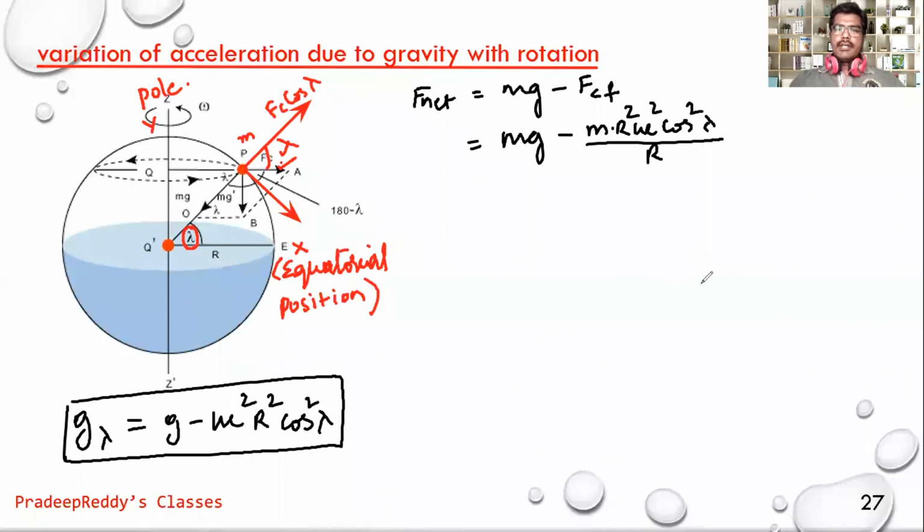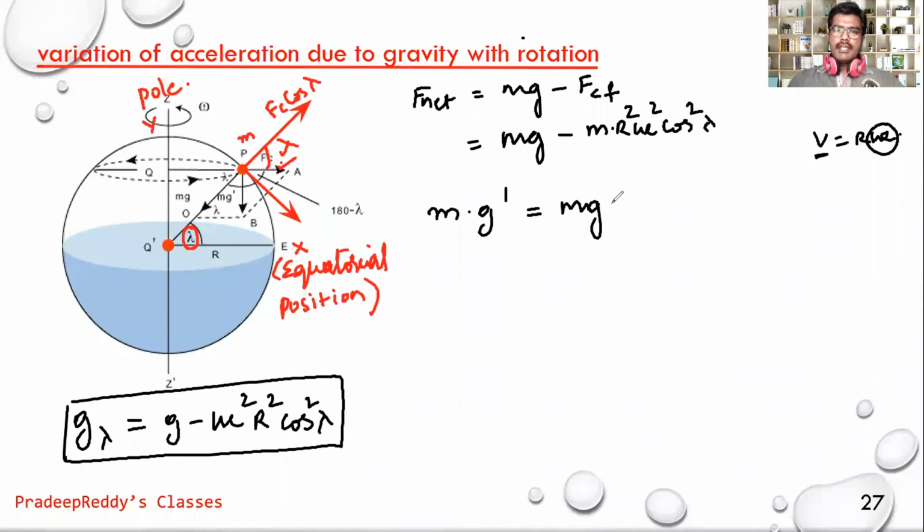Now F net is equal to m a, which we can write as m g dash. Since we have considered v equal to r omega, we are writing v in terms of omega, so r in the denominator will vanish.